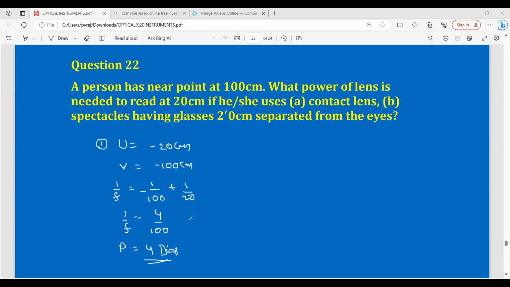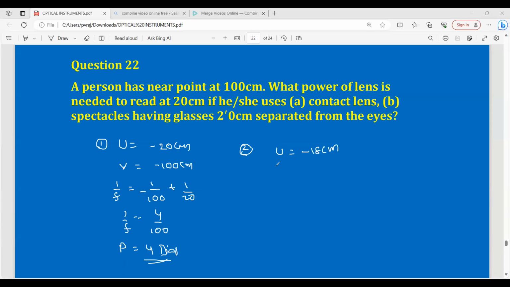Now, what about the second one? When the spectacles have glasses 2 centimeters separated from the eye, with 2 centimeters separation from the eye, then u becomes 18 centimeters. u will be equal to minus 18 centimeters.